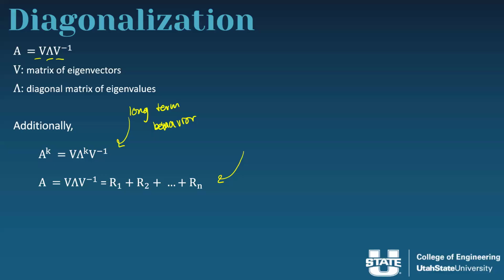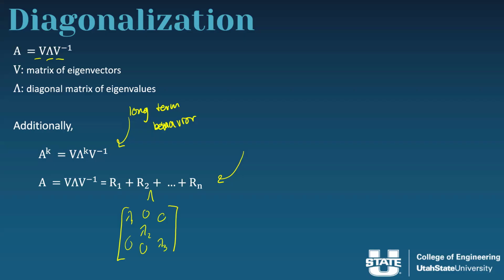Yeah, so the rank 1 in this case is going to be created from the multiplication. So if I have my capital lambda matrix, and then I have lambda 1, lambda 2, lambda 3.